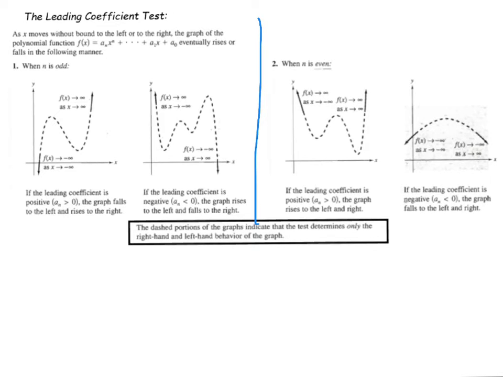So n is your degree. Notice right here, these first 2 graphs are talking about what's going on with the degree or the power, okay, which we're used to seeing be no higher than 2, because that's what we saw happen with quadratics. If it's higher than that, and it's odd, okay?